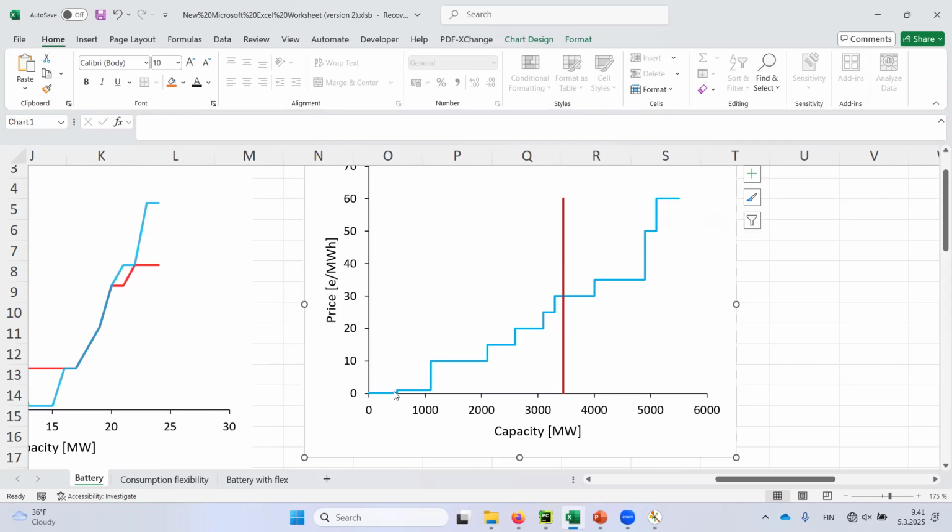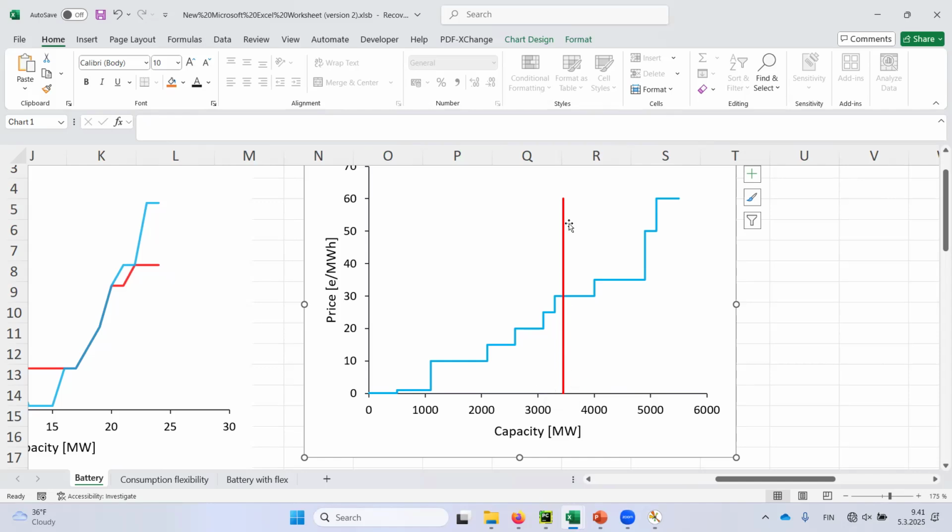This is what we did before in the exercises. So merit order curve just means that if you want to produce the next amount of electricity, you're going to have to increase the price, because this is going to be the operating price of this fleet in here.